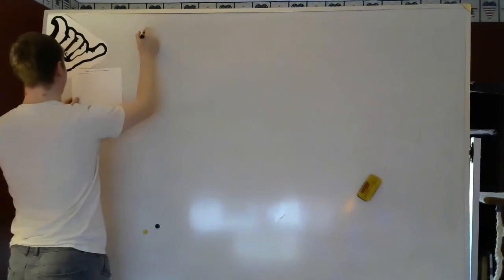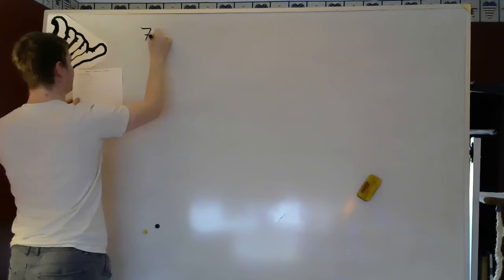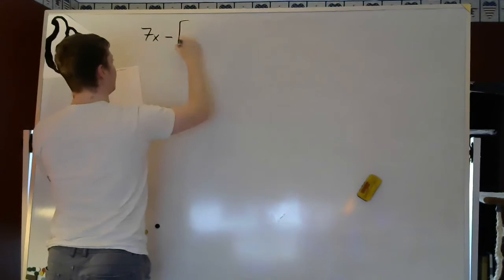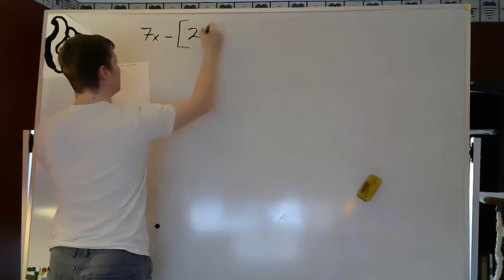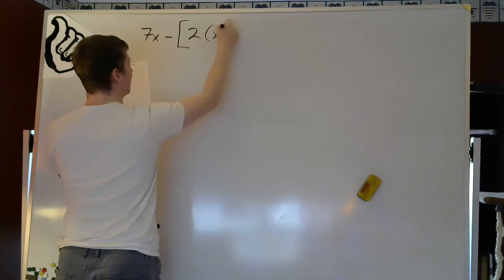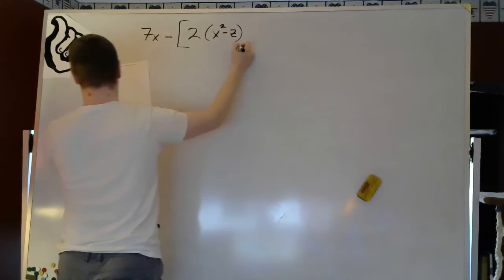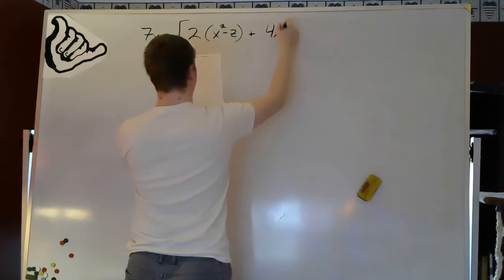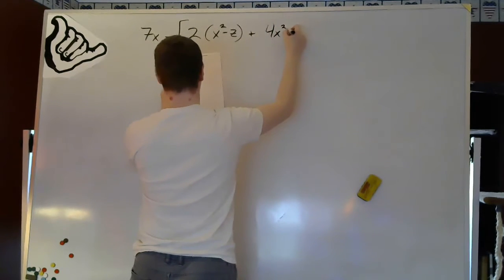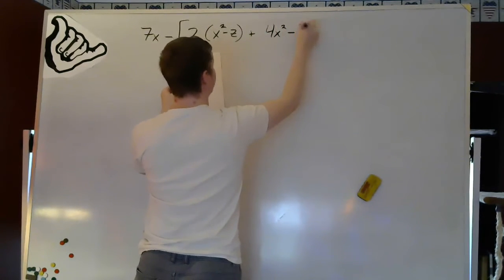Number 14, we've got 7x minus, and now here's where we've got brackets, 2 times the quantity x squared minus z plus 4x squared minus 7z.